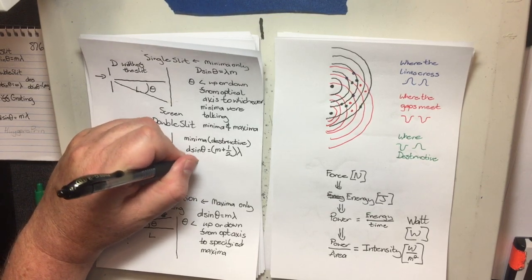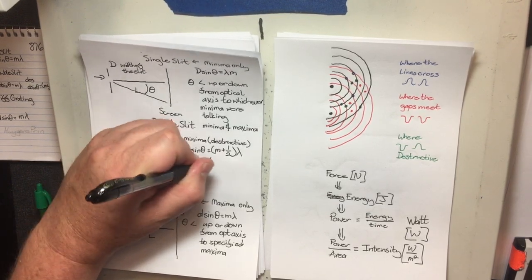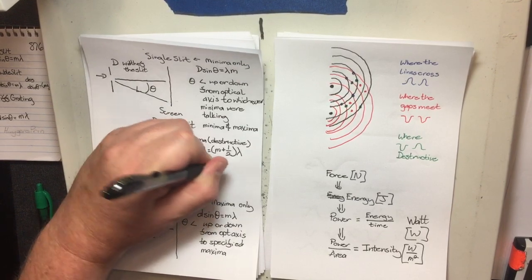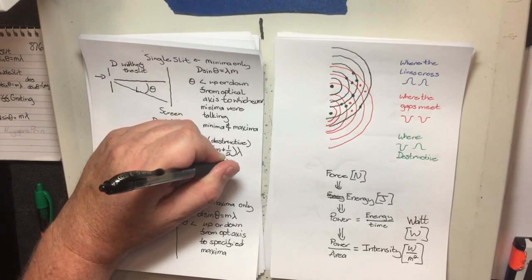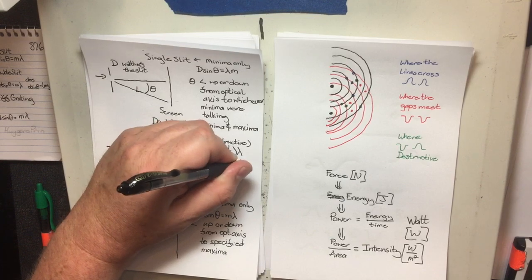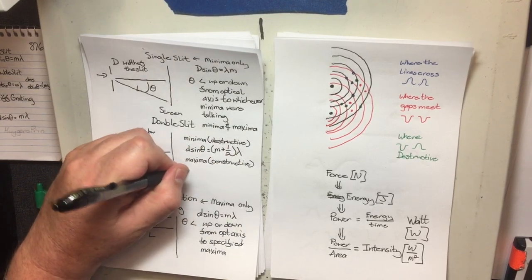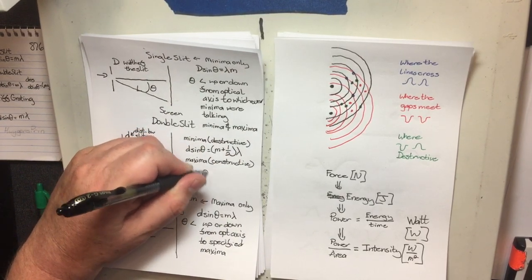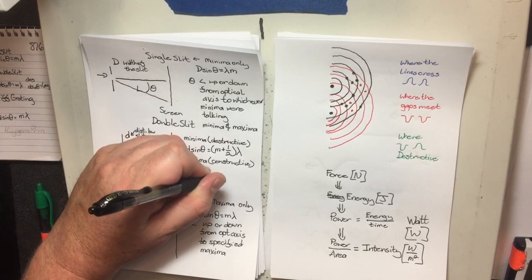For maxima, or constructive, it's d sine theta equals m lambda.